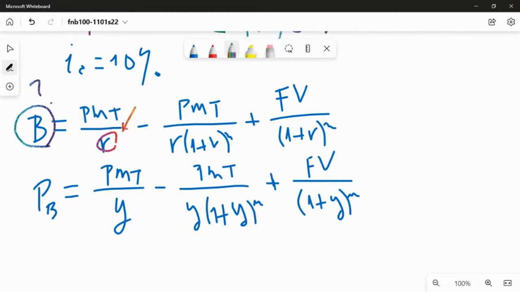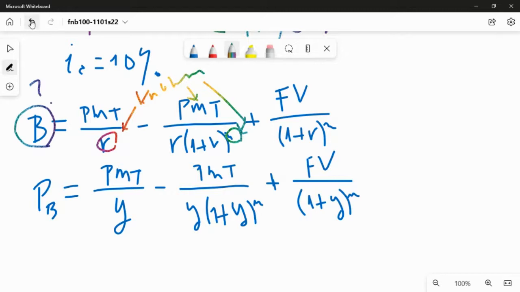N is also known. R is known, N is known, payment is known, everything is known, and the left-hand side of the equation is the unknown, so we are solving for it.